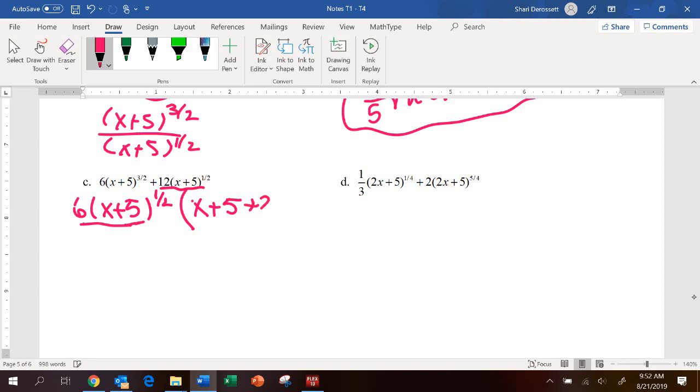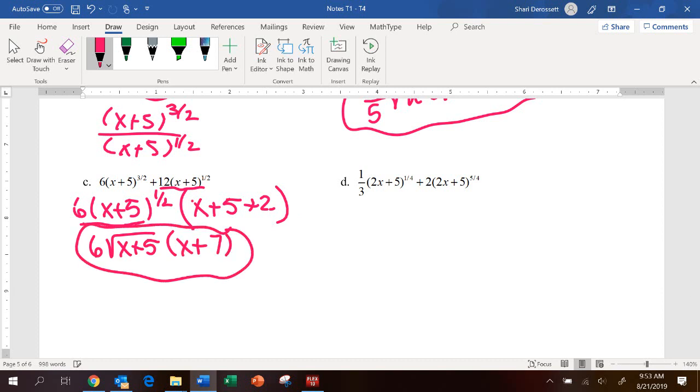Plus 2. And so now I'm going to have 6 radical x plus 5 times x plus 7. So these are equivalent. This is just another way of writing that. And it's in factored form, which is more useful when we're doing higher level math.